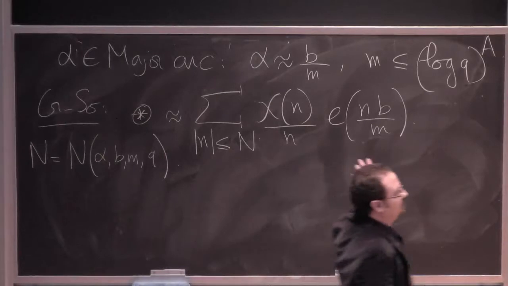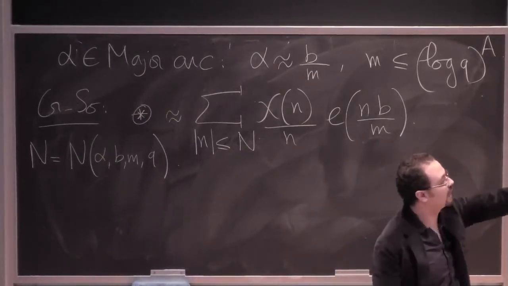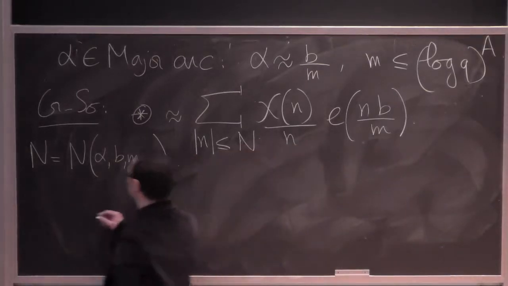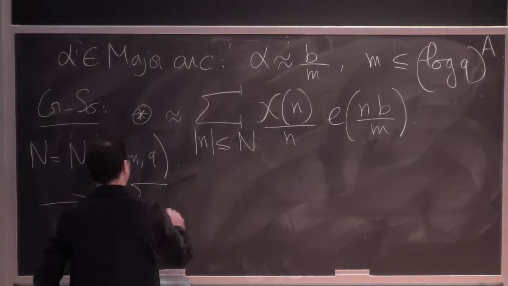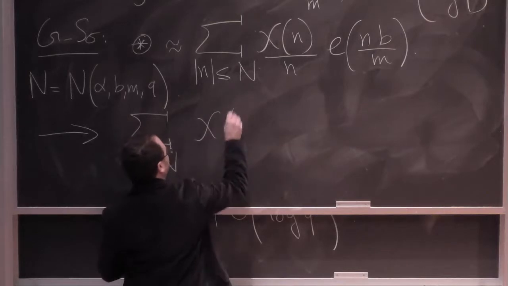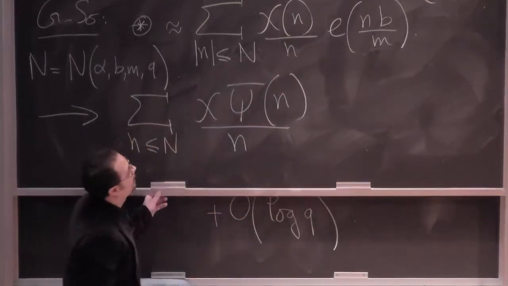And now the advantage here is that m is small, so the conductor of psi is small, and you can bring everything in terms of the following sums. So n up to N now, chi psi bar n over n.